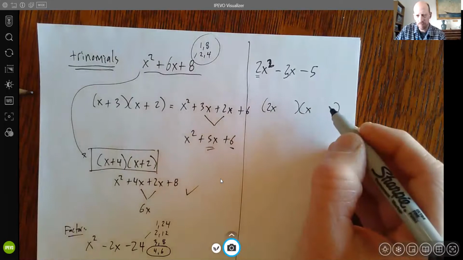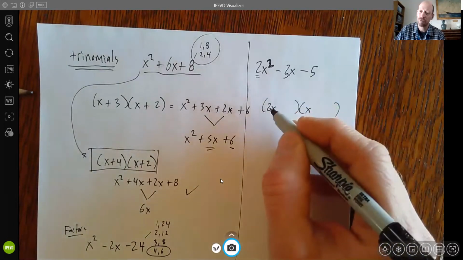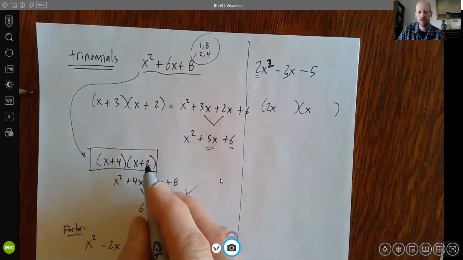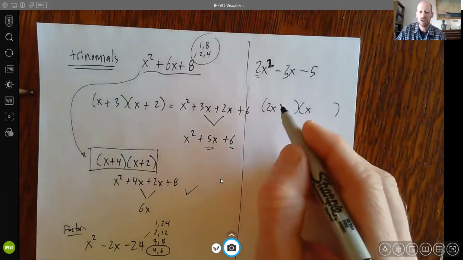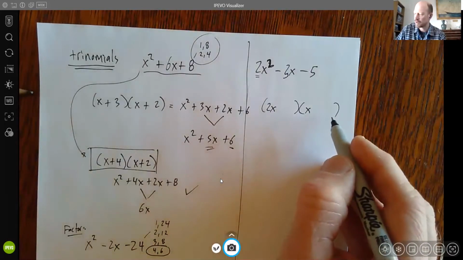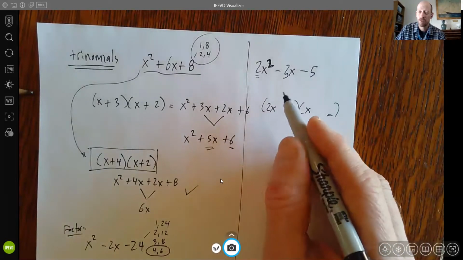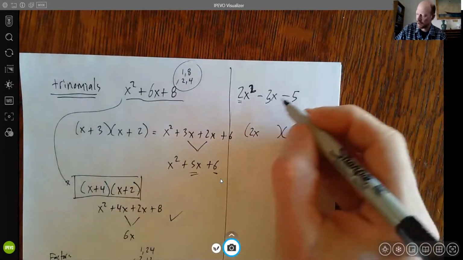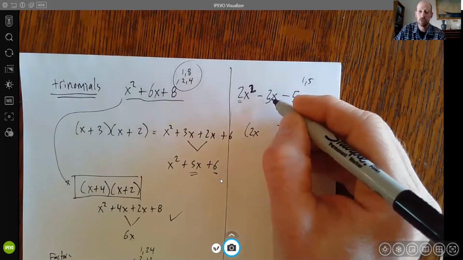how we FOIL, because remember, what is in this spot here is now going to get multiplied by 2x instead of just x. Over here, it didn't matter whether I put the 4 in this spot or the 4 in this spot. I'm going to end up with the same thing in the end. But here, it's going to matter what goes here, because that's the part that's going to get multiplied by 2. So sometimes people get fooled because they say, well, all right, minus 5, it can only be 1 and 5, and there's no way those can add up to 3.